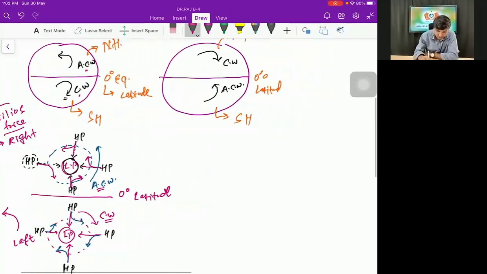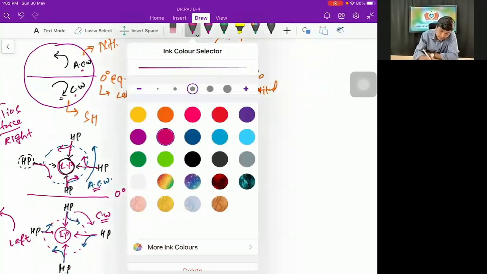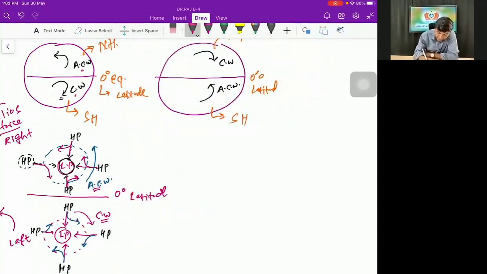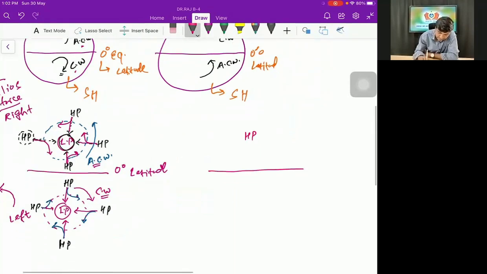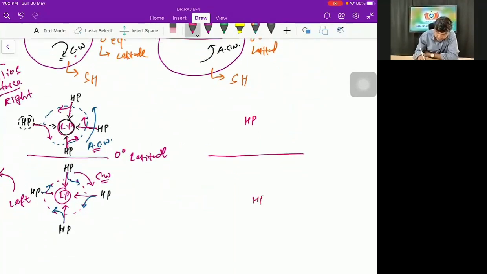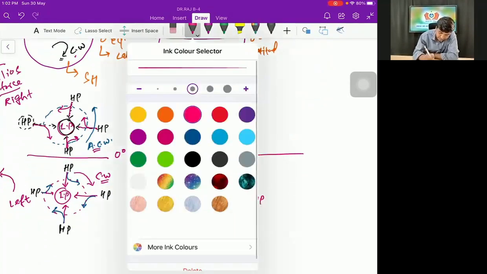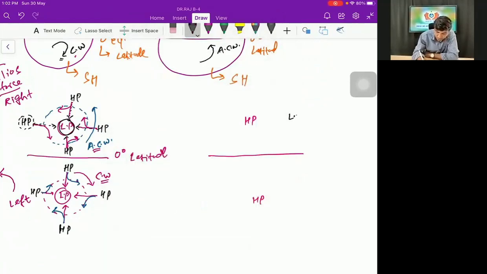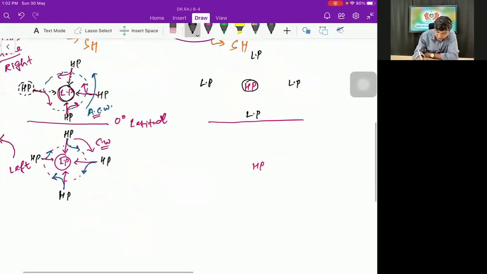Similarly here, anticyclones originate at high pressure areas. So again here is the high pressure area, and surrounding it we'll have low pressure area. At the center high pressure and surrounding low pressure.